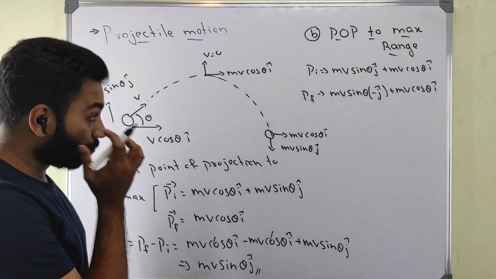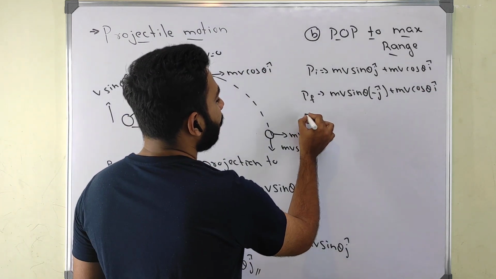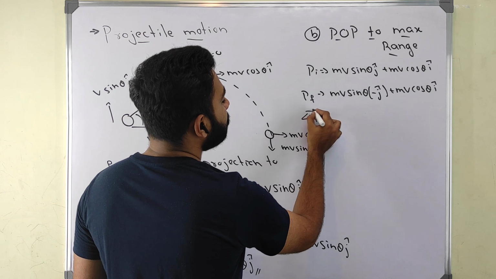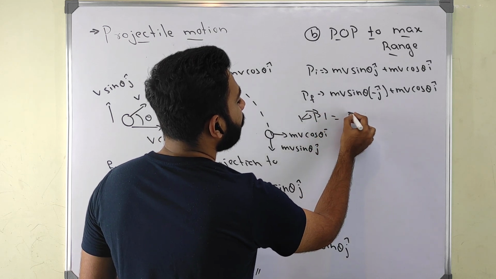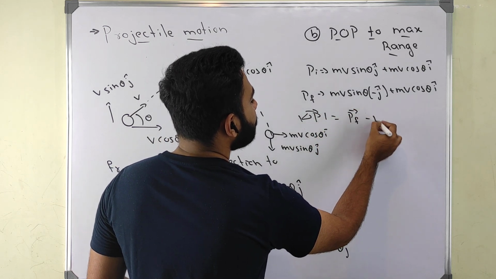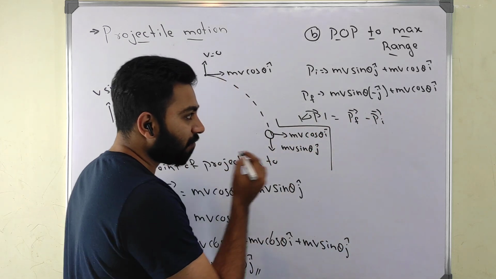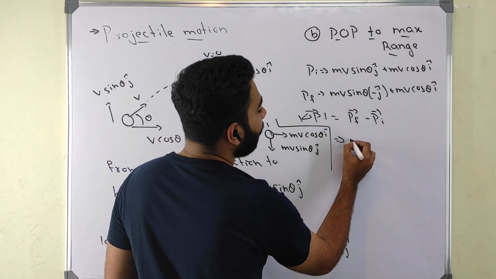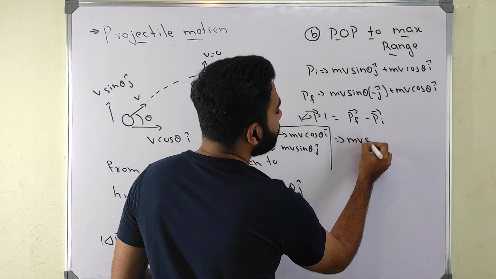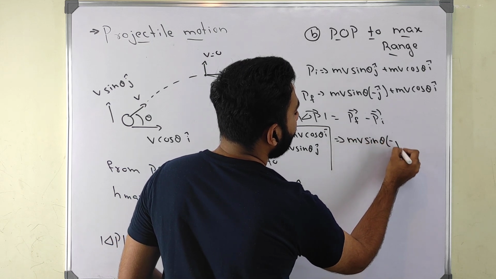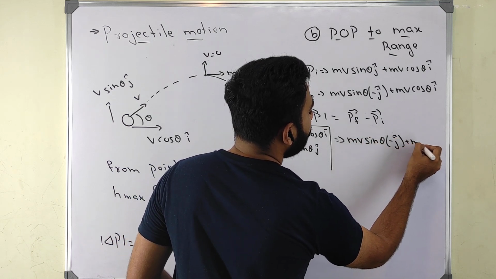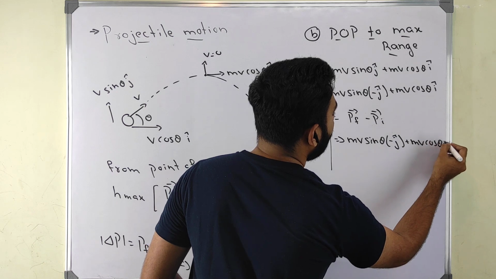Now the change of momentum is final momentum minus initial momentum, so I get mv sin theta minus j cap plus mv cos theta i cap.